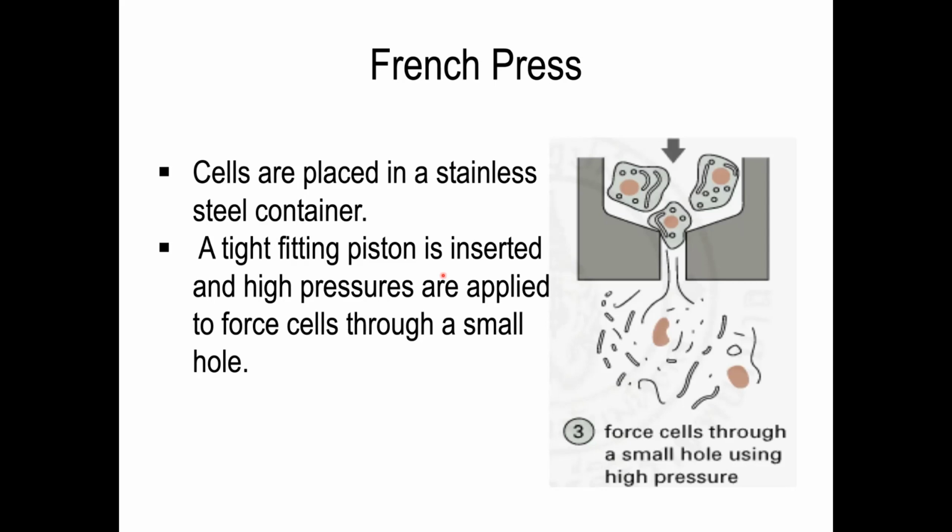The idea is that when you insert this piston and press it down, you increase the pressure. To escape the pressure, the cells are pressed through this small hole on the bottom. By squeezing through that hole, you disrupt the cells, and the content of the cells basically is spilled out.